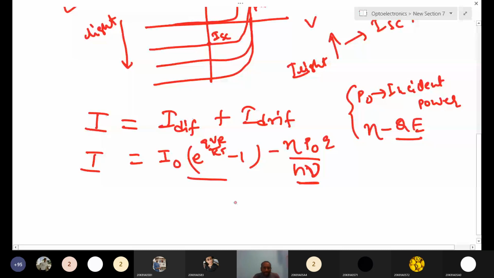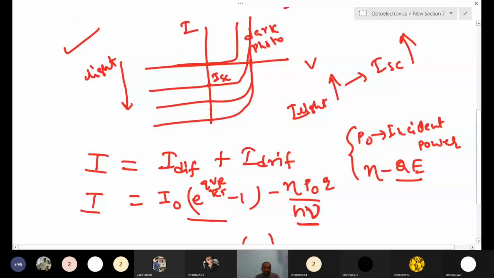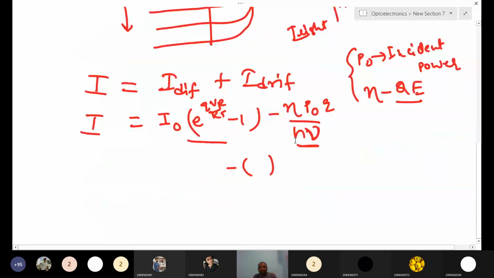If you see this characteristic, the top side of the I axis is positive and the bottom side is negative. We get negative current because the drift current dominates in this process. So the second term is higher than the first term, and that's why the total current is negative.